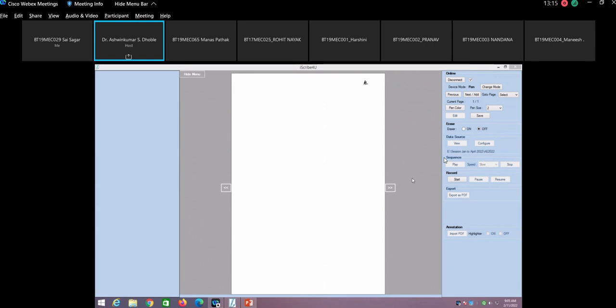So what do you expect in a pneumatic brake system? You can say a block diagram of the pneumatic brake system.